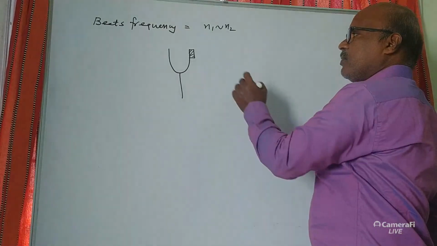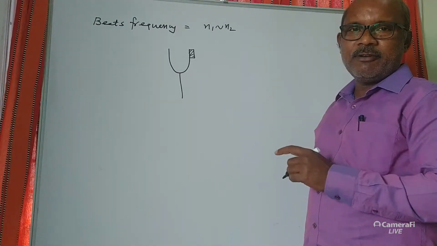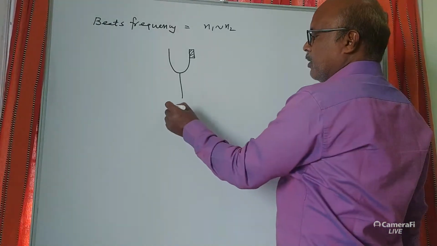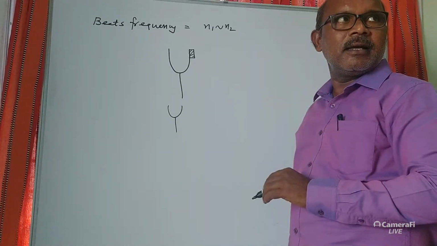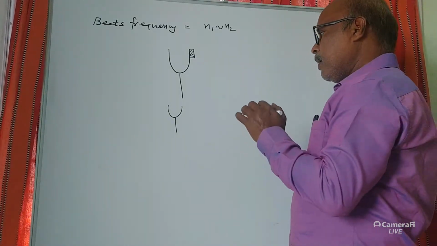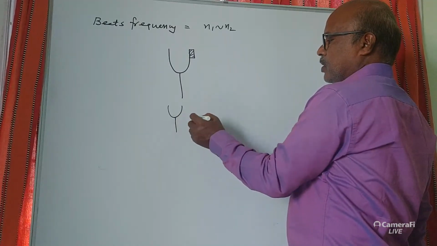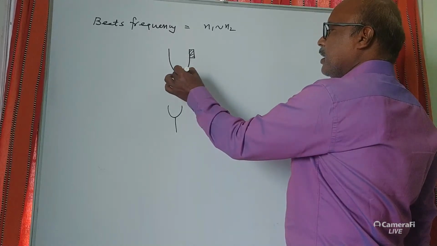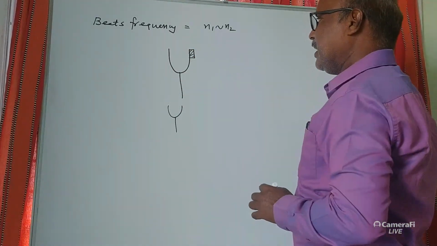Means when loaded with wax, the frequency of the tuning fork decreases, but when a tuning fork is rubbed or filed, its frequency increases. So due to filing, frequency increases, and due to loading with the wax, the frequency decreases.